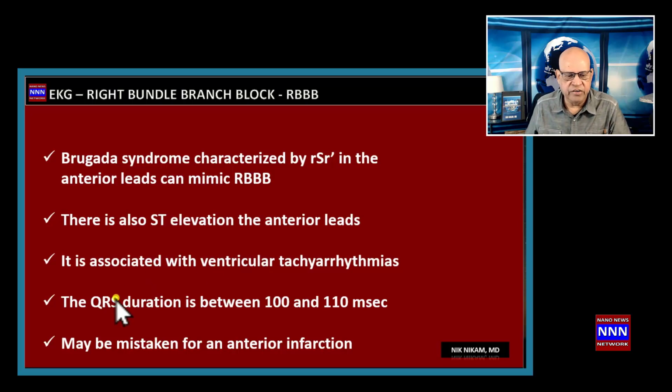The QRS duration in Brugada is between 100 and 120 milliseconds. It is not quite close to the complete right bundle branch block where we see the QRS duration greater than 120 milliseconds, and it may also mimic anterior myocardial infarction.